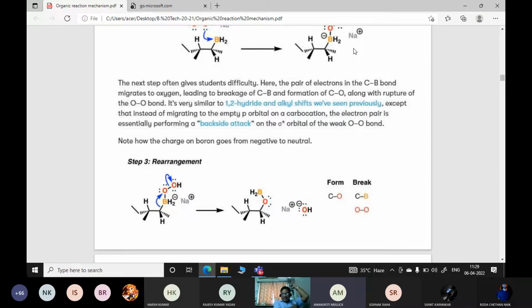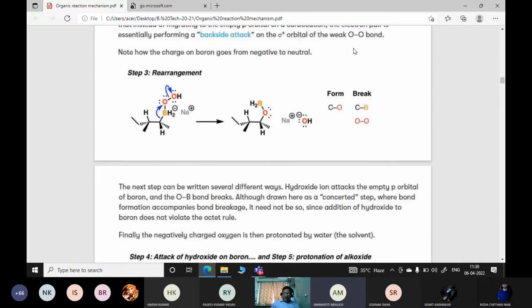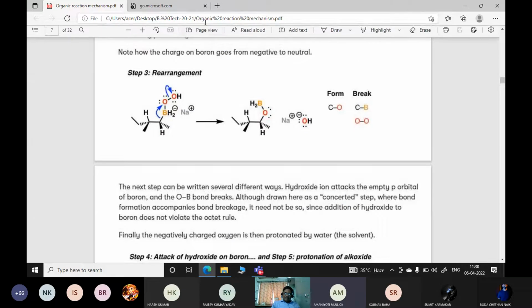All these steps of the hydroboration reaction were discovered as well as published, and this reaction got its recognition. So in the total reaction, this is very important: which bonds are formed in these steps.